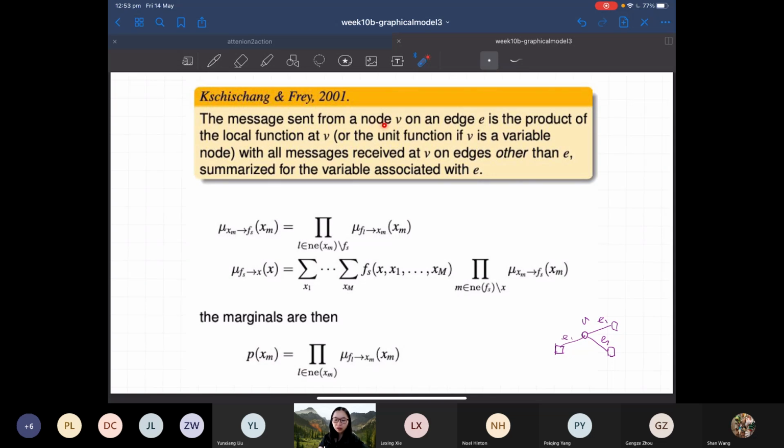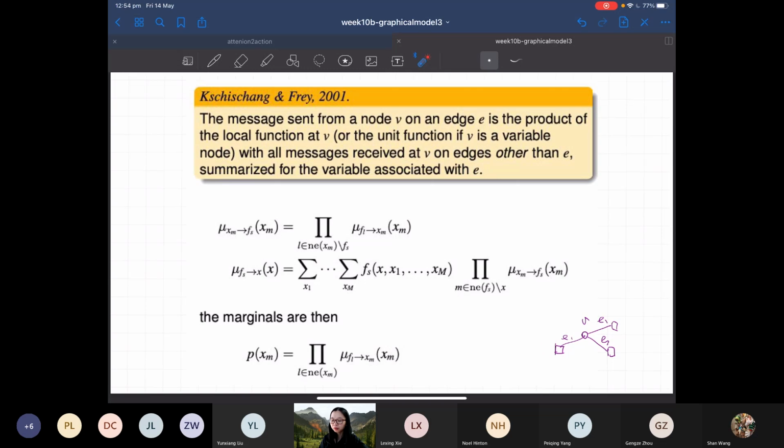And a message sent from a node V on an edge E is a product of the local function of V. Basically, if V is a factor node, multiply the factor itself. If V is a variable node, it's just 1. Then it's just a product of the messages received at V on edges other than E. Right?